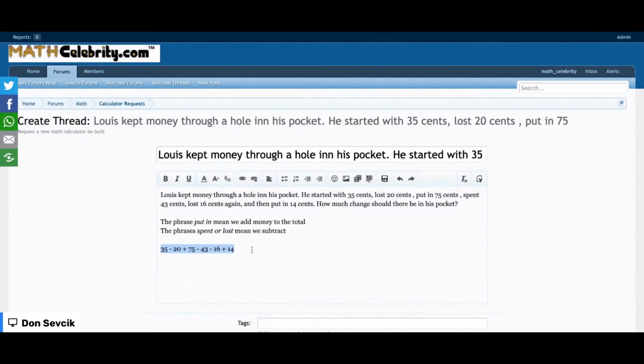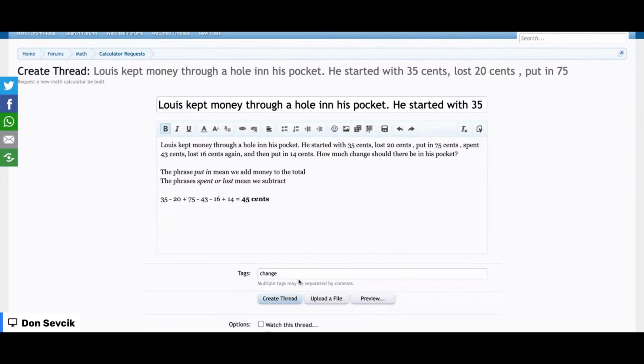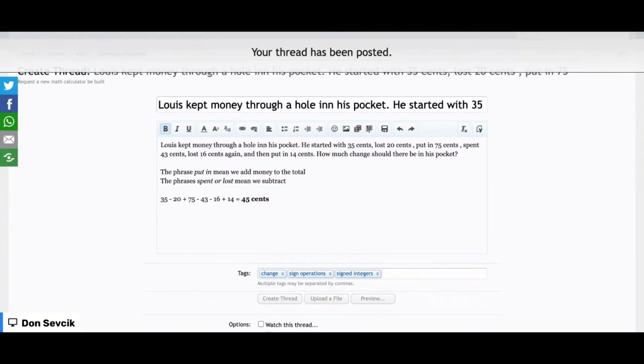So if we take this, 35 minus 20 plus 75 minus 43 minus 16 and put in 14 cents. I'm going to go to my calculator here. I get 45 cents as the answer. So the answer is 45 cents should be in Lewis's pocket. So change counting, sign operations.